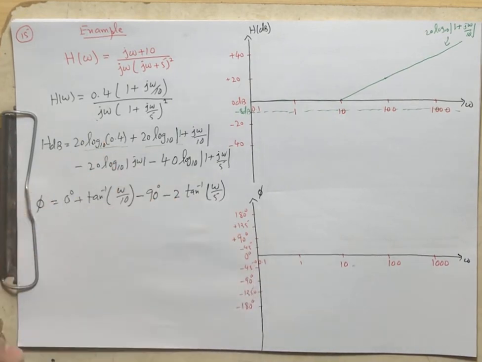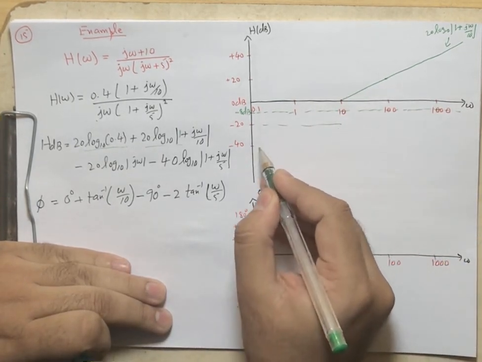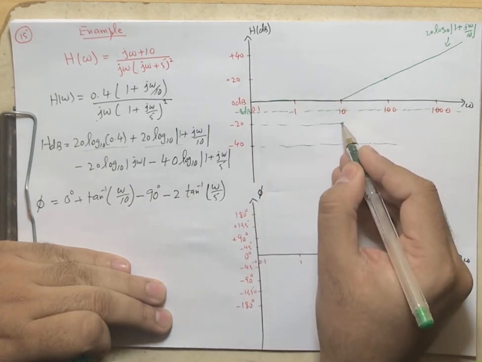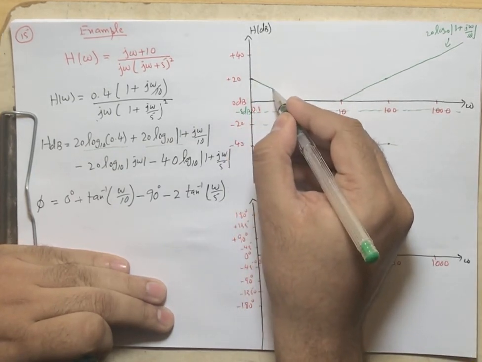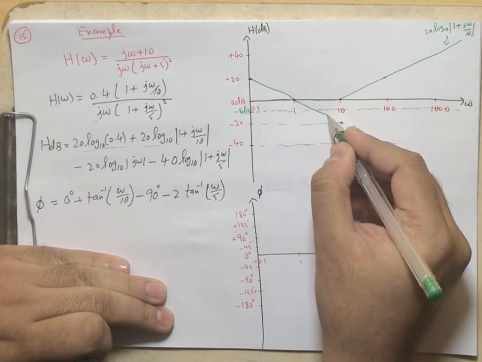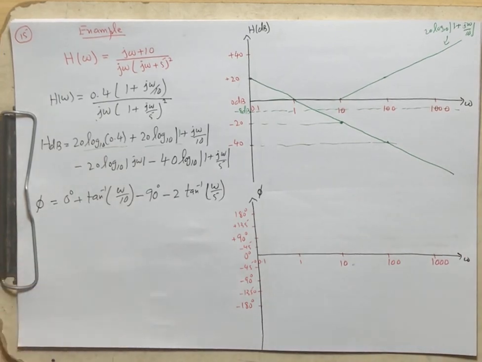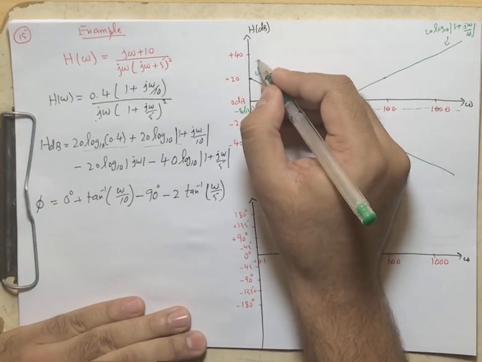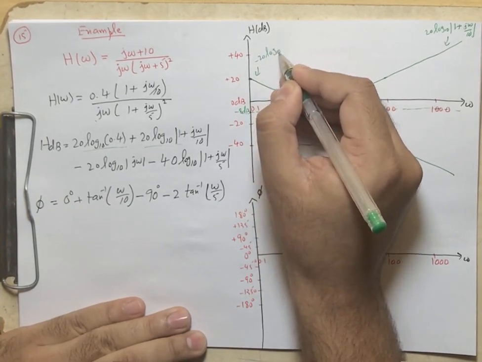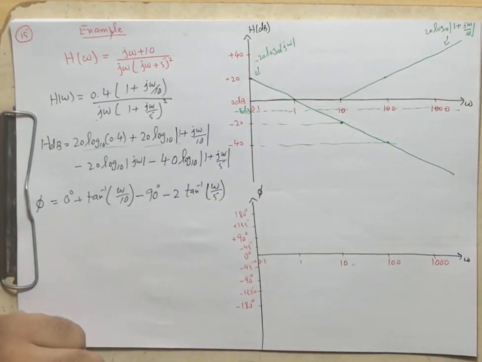Now you have a pole at origin, so it is going to start from here. In every decade it is going to decrease, from the previous decade, so you will have something like this, and so on and so forth. So this is the integrator, which is minus 20 log 10 of j omega, and you have two poles at 5.